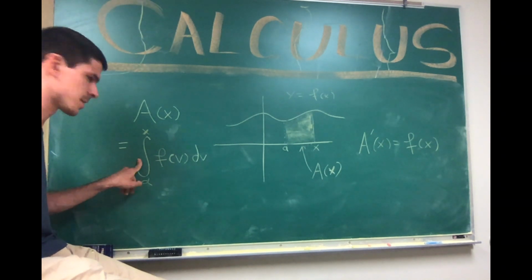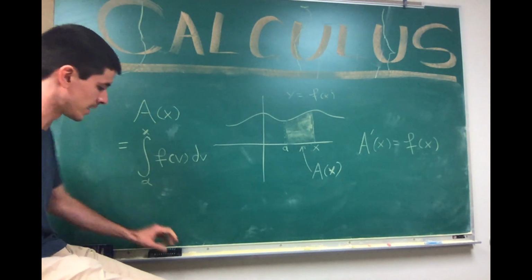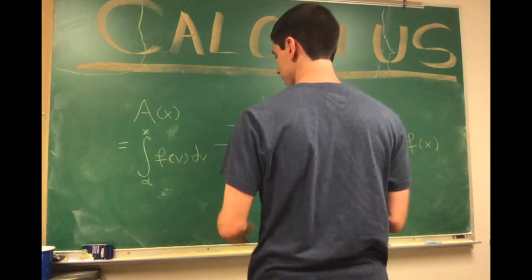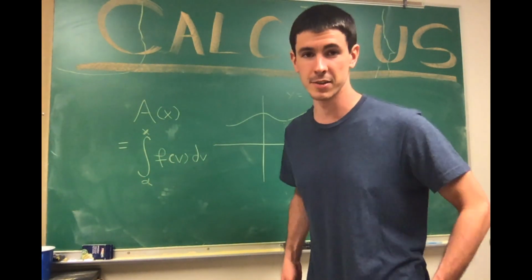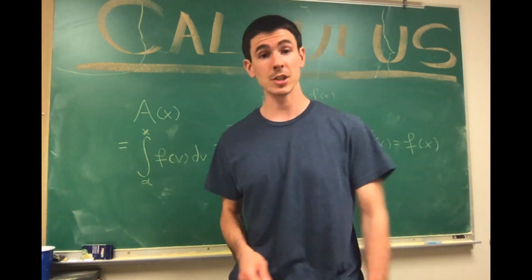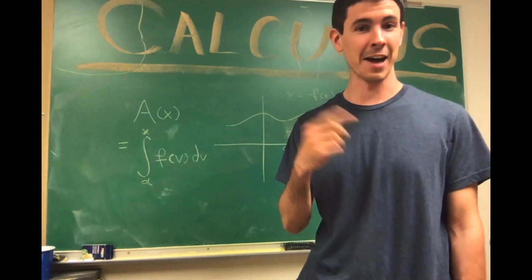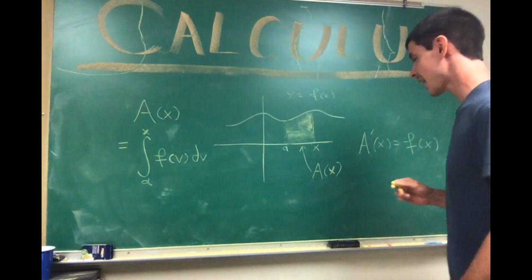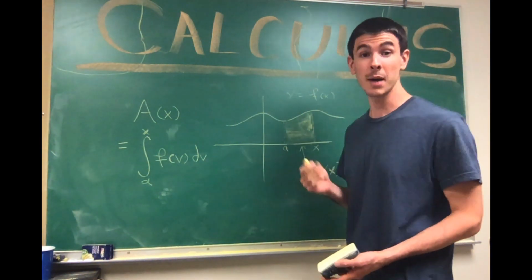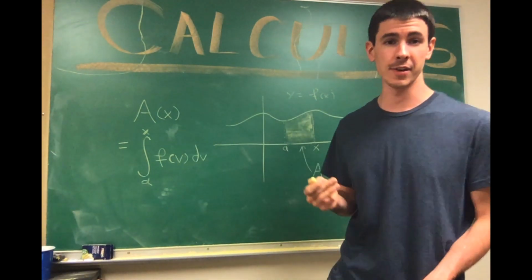This S is short for summa, which is Latin for sum, and this dv seems sort of enigmatic, and I'm going to attempt to explain both of those choices of notation. It's not from Newton, it's from Leibniz. What it comes from is, like I said, Leibniz was really into infinitesimals.